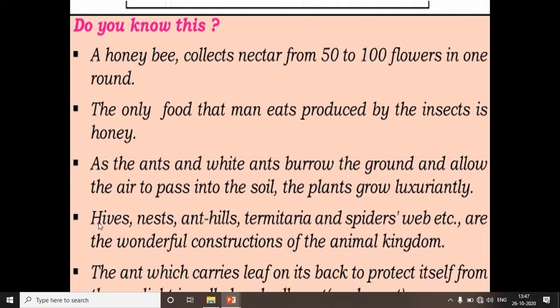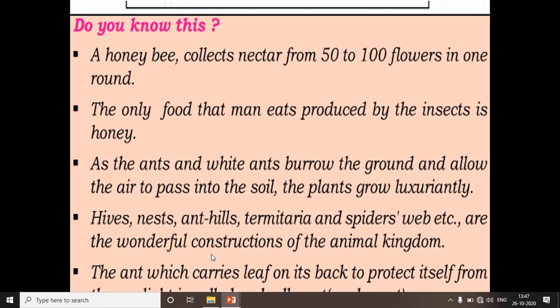We know honeybees live in beehives. Like honeybees, all other animals also build their habitat. Birds build nests, ants build hills, and then there are spider webs. They are some examples of the wonderful constructions of the animal kingdom.